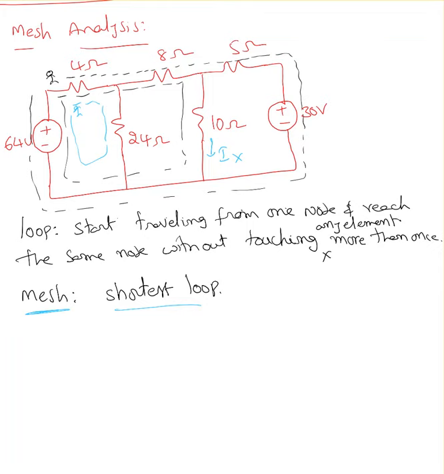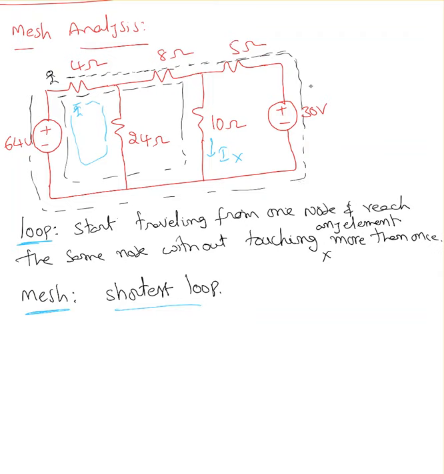Before going to the mesh example, I'm going to define a loop. Mesh analysis is also called loop analysis. A loop is nothing but starting to travel from one node and reaching the same node without touching any element more than once. So if you look at here, I'm starting from here and reaching the same node, traveling through all this way.